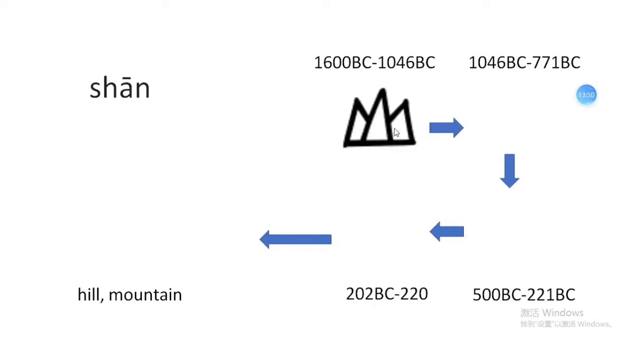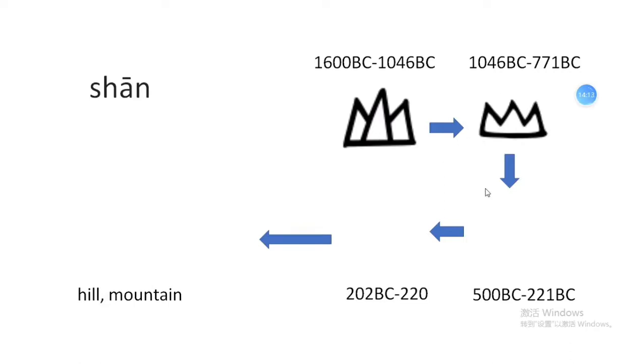Actually, this is a Chinese character which people may have used in 1600 BC to 1046 BC. And what do you think this looks like? Maybe it looks just like a mountain, right? Actually, it means mountain, okay?